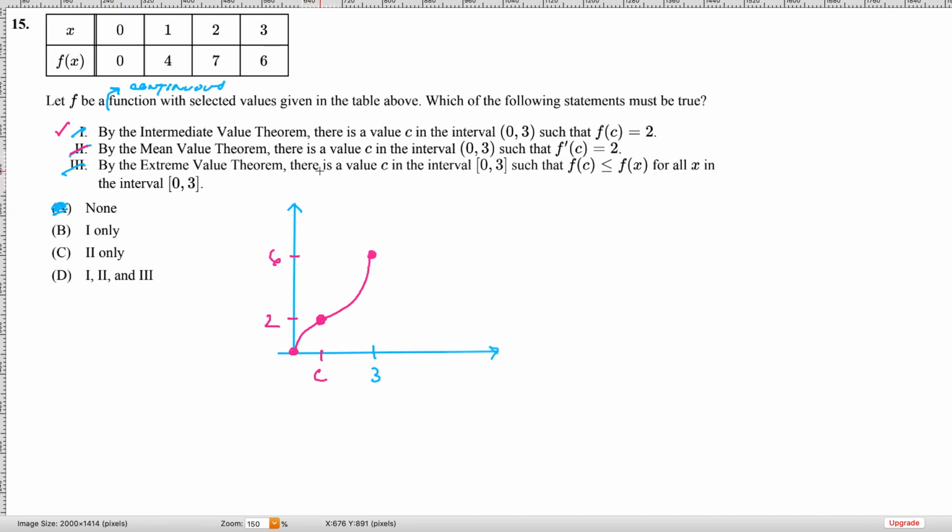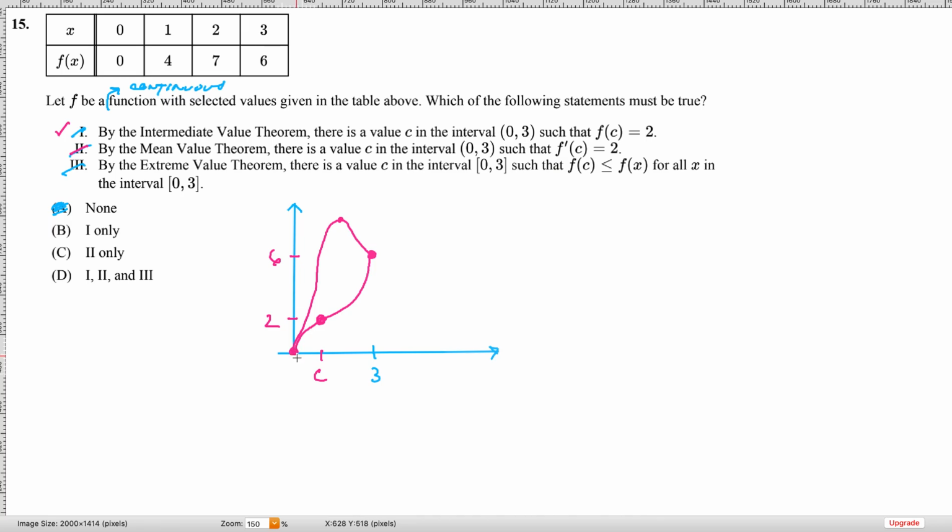But let's see, the extreme value theorem, would that one be true? Yes, there would have to be some minimum in this interval. And the minimum in this case would just be the 0, 0 value, which is fine. And there would have to be some maximum, which could be the endpoint as well. Or it could look like this, in which case this would be the maximum.